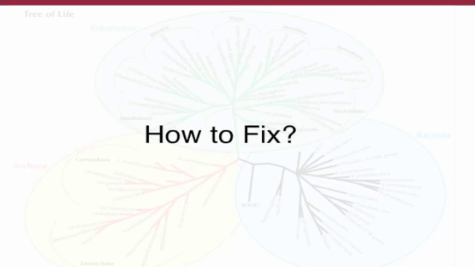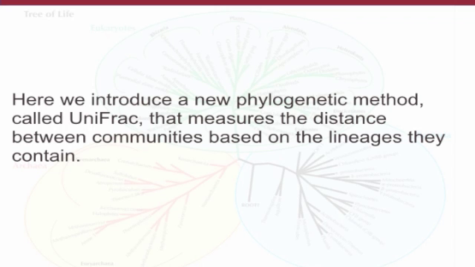And that's a really common strategy. And so then they get into what they propose to do as an alternative, as the way to incorporate phylogeny and branch length. And that's where Unifrac comes in. So does anybody want to try to explain verbally or mathematically what Unifrac does?